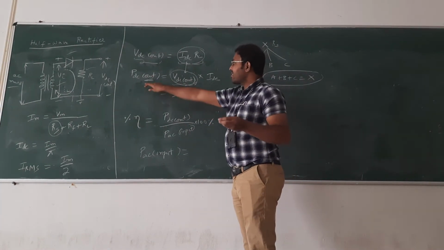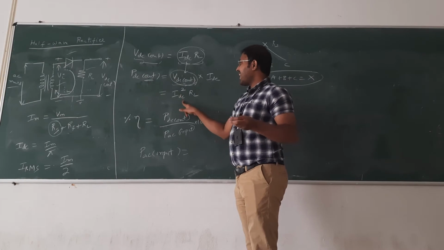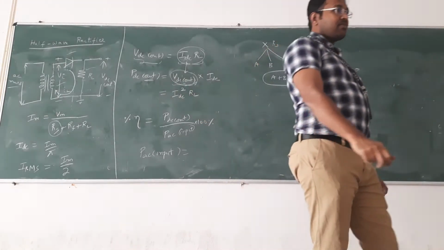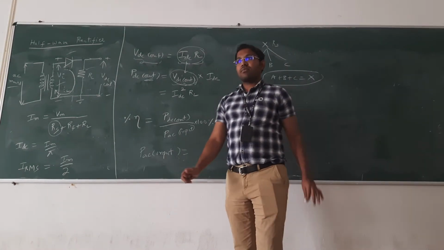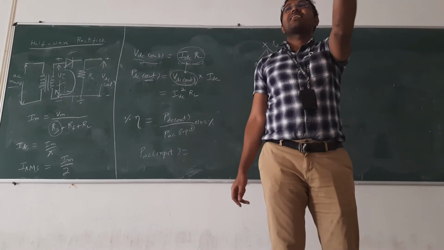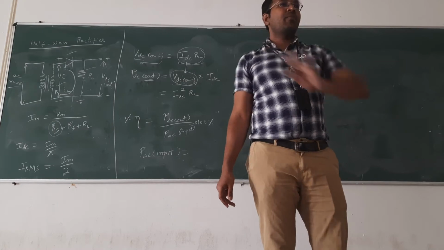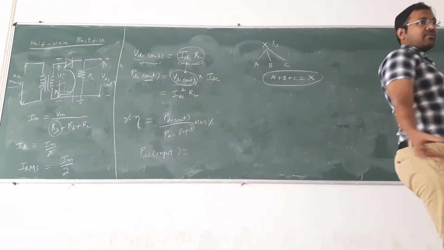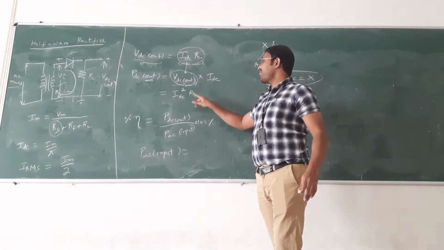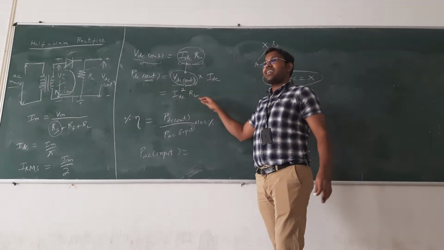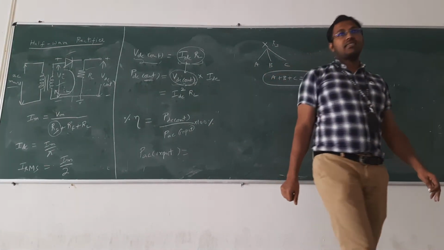Shortcut. PDC we got as IDC square into RL. What will PAC input be? Another formula for power is the square of the current multiplied by the resistance. One formula is voltage into current; another is current squared multiplied with the resistance.